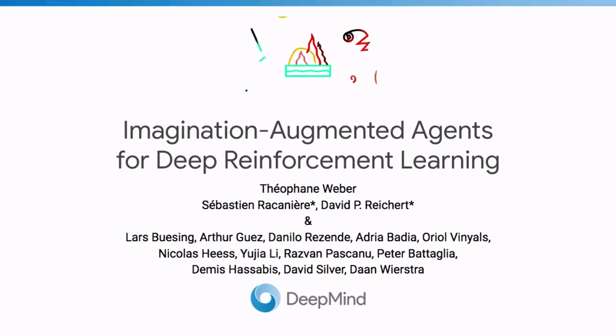Is that on? All right. The next talk will be on Imagination-Augmented Agents for Deep RL. The talk will be given by Theo Weber. The co-authors are Sebastien Racaniere, Theo Weber, and David Reichert.